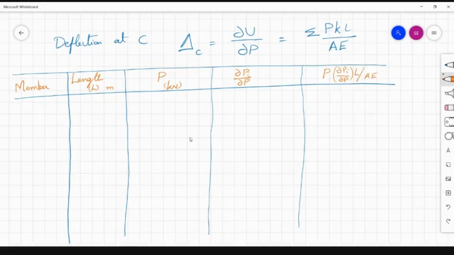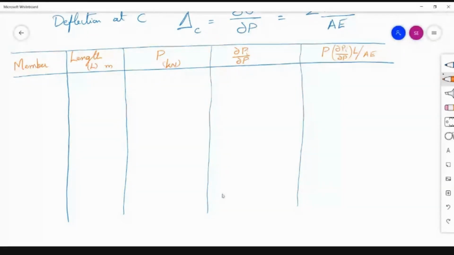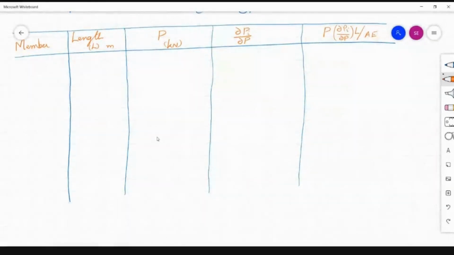Here, what are the members? First member, AB is the member here. Then AE, BC, BF, DF is a member here, CD, CF, as well as EF.